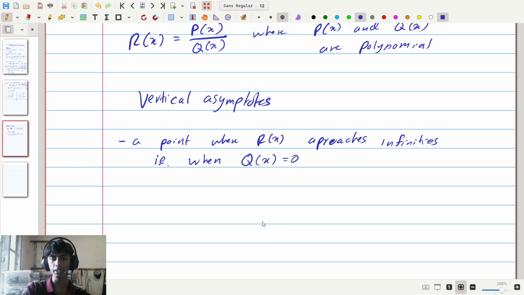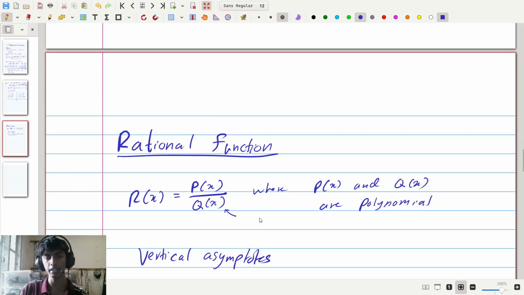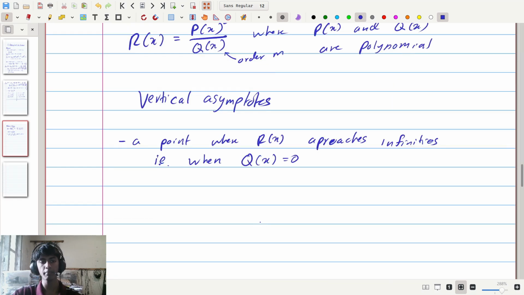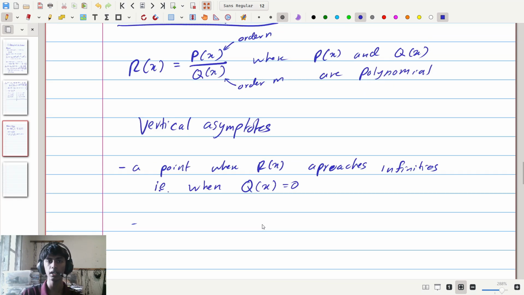So we can use this knowledge to estimate the number of vertical asymptotes we could possibly have. It is possible that some potential roots are complex roots, in which case they will not appear in the real numbers, so we will have fewer than that. But in general, if I write some definitions here, we'll say that P(x) is order n and Q(x) is order m, then there will be at maximum m vertical asymptotes, because as you might recall, a polynomial of degree n can have at most n roots.